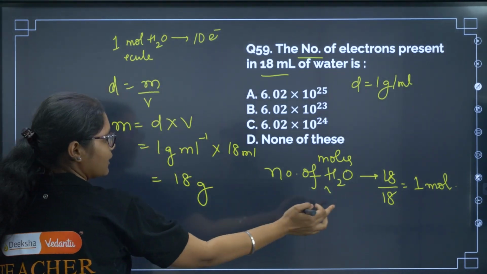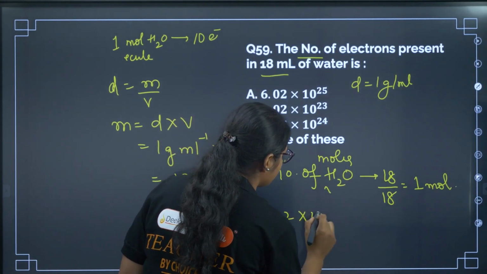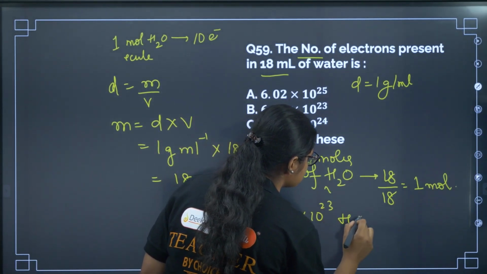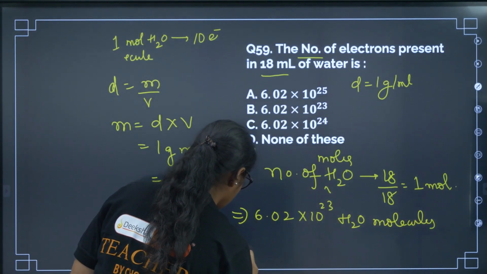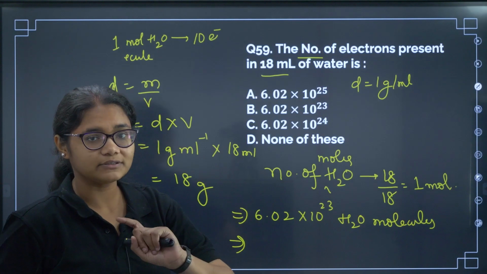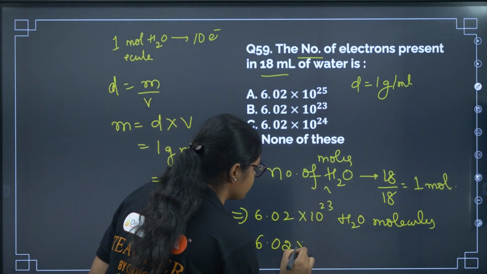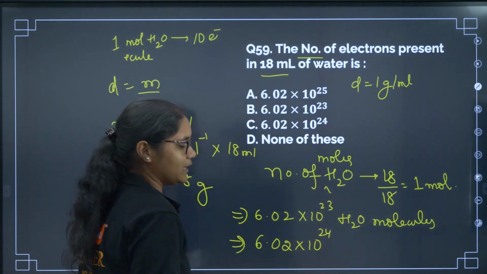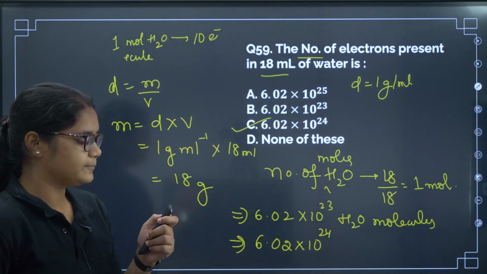Now in 1 mole, how many molecules are there? 6.02 into 10 to the power of 23 water molecules are there, right? And in 1 molecule, 10 electrons are there. So in these many molecules, how many electrons will be there? 6.02 into 10 to the power of 24. Okay, so the correct answer for this question is option C.